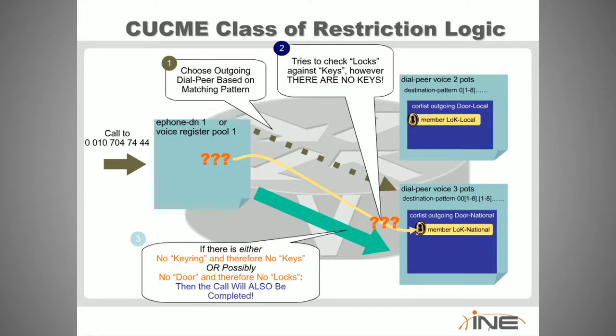And by the way, you can't have a key ring with no keys. In other words, you can't have, technically speaking, a CoR list without any members. So because you can't have a CoR list without any members, you can't apply a CoR list that has no members. So if you have a CoR list, you have members. If you have a CoR list, you have a key ring. Therefore, you have keys. But we're saying we forgot our key ring.